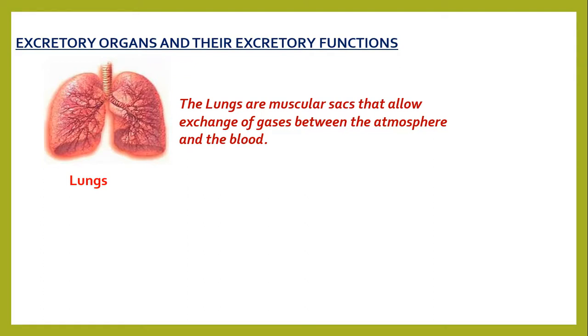Good. Oxygen gets dissolved in the blood, in the lungs, and carbon dioxide is taken out of the blood in the lungs. So there's an exchange of gases, and it takes place in the muscular sacs called lungs.